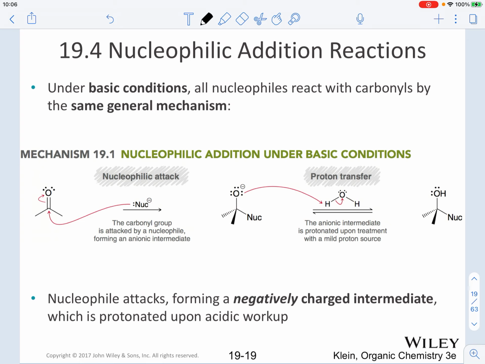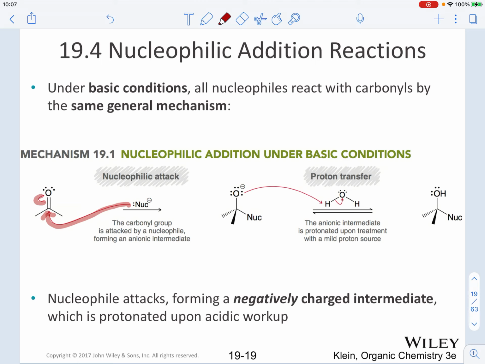Under basic conditions, all our nucleophiles are going to react with carbonyls by the same general mechanism. What happens is that our nucleophile is going, and I'm just going to highlight the arrows as I mention them, in the first step of the reaction, our nucleophile is going to go and attack the carbon in the carbonyl.